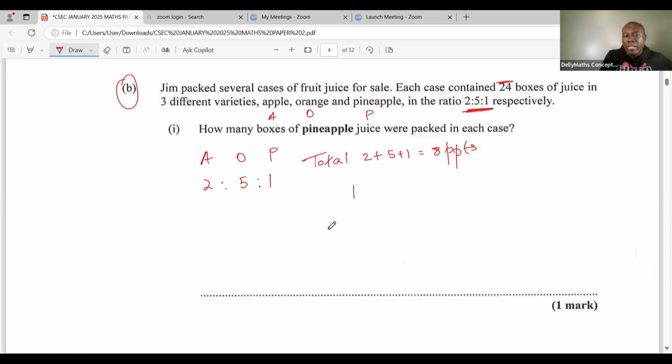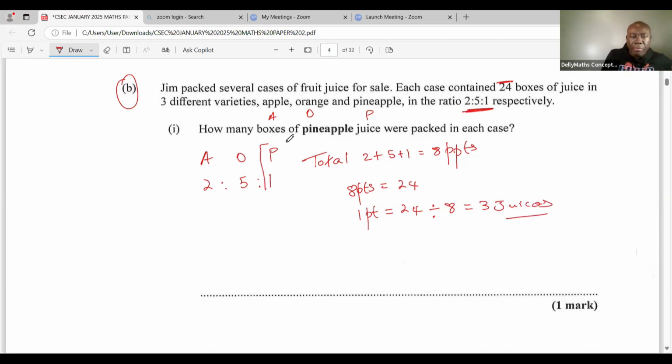These 8 parts are equal to 24. So 1 part is 24 divided by 8, which gives 3.